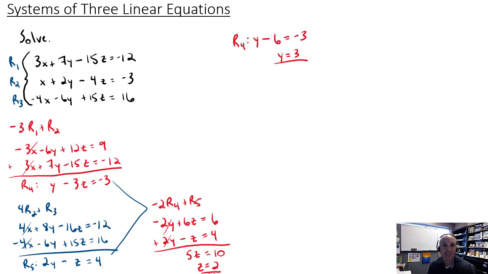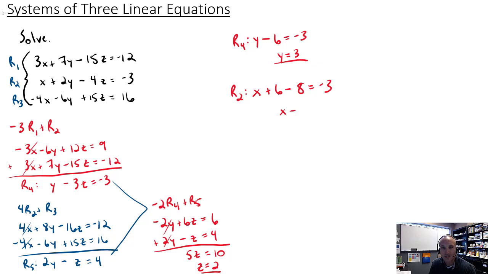Now I need to figure out x. To get x, all I have to do is plug these y and z values back into any of my original equations, and I can solve for x. So let's plug both of those back into row 2. X is what I don't know, so I'll write x plus 2 times y, but y is 3, so 2 times 3 is 6, so x plus 6, minus 4 times z, so that's minus 4 times 2, which is minus 8, equals negative 3.